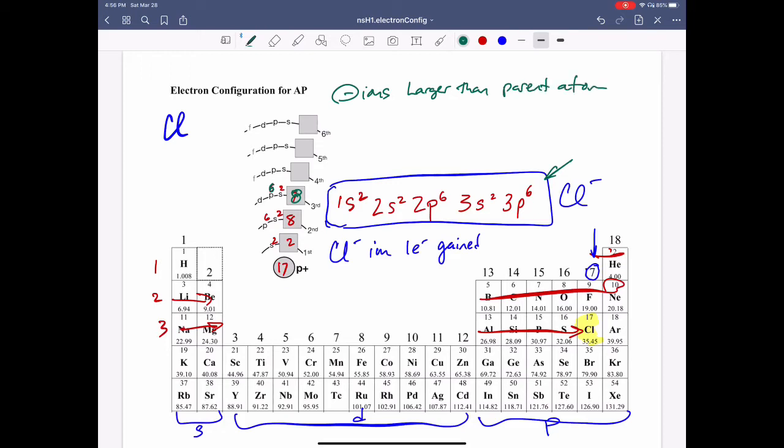This is because the extra electrons cause the 8 valence electrons that are present now to experience added repulsion.